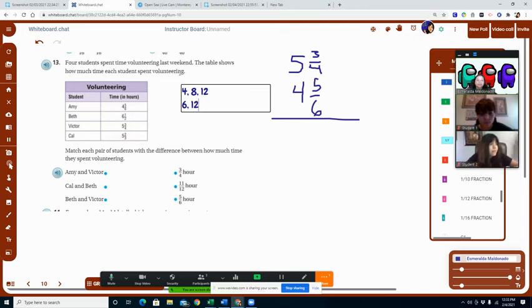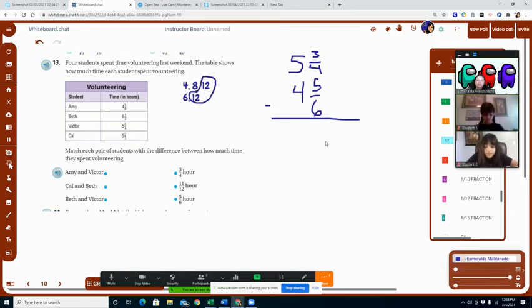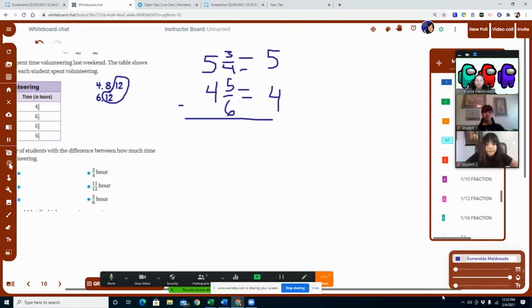So my common denominator here is 12, right? So I cannot subtract until I have found the equivalent fraction. So I will carry over the whole number. That stays the same for now. And now I'm going to find the equivalent fraction with a denominator of 12.